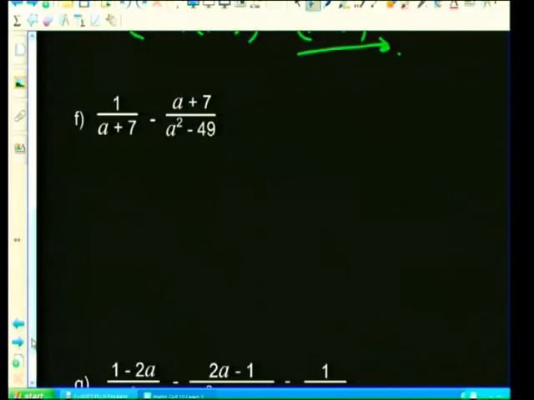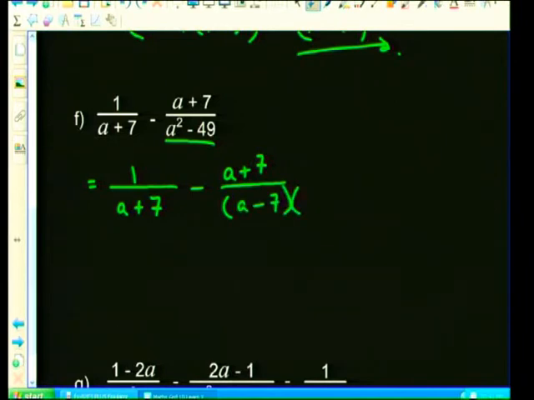Well, this is a subtraction question, and I'll need to factorize that before I can sort out what my denominator is going to be. And it's the difference of two squares, a minus 7, a plus 7.